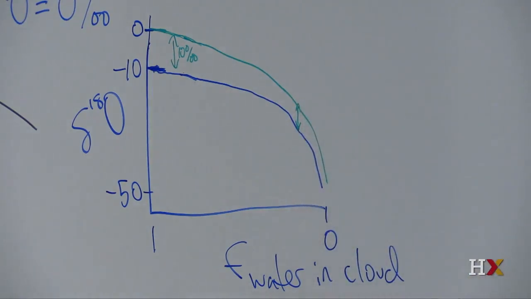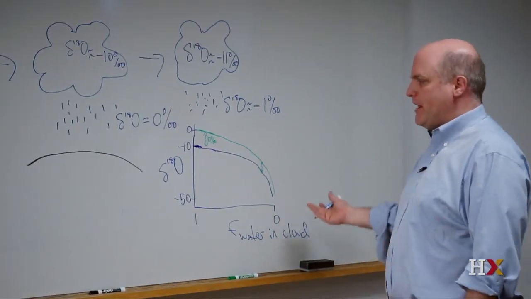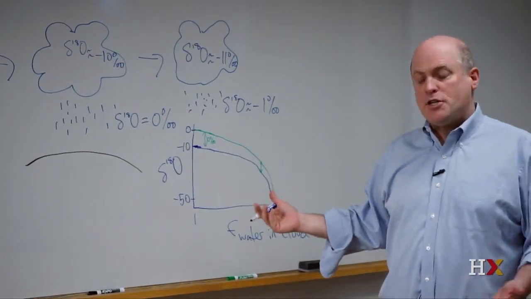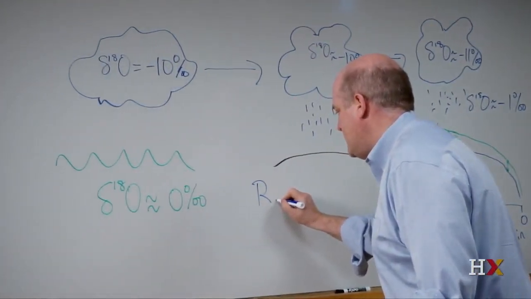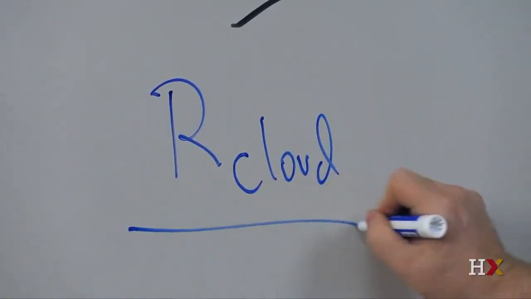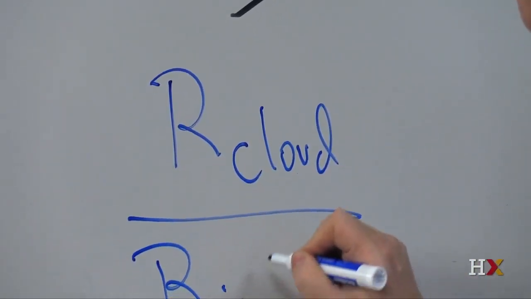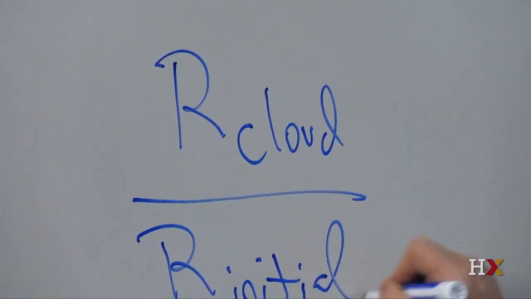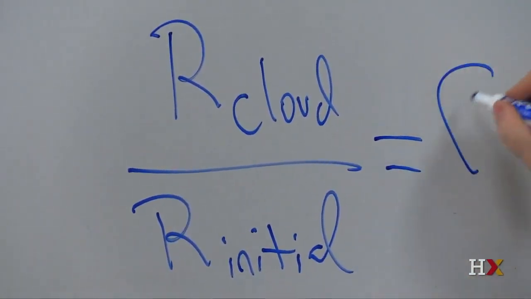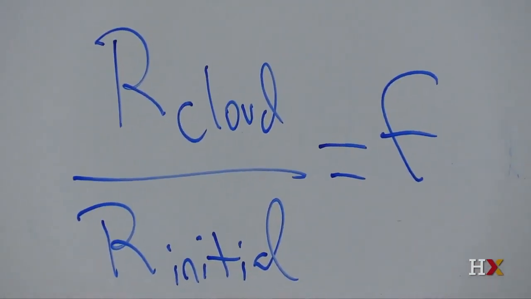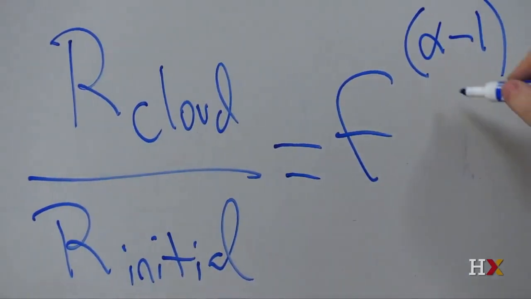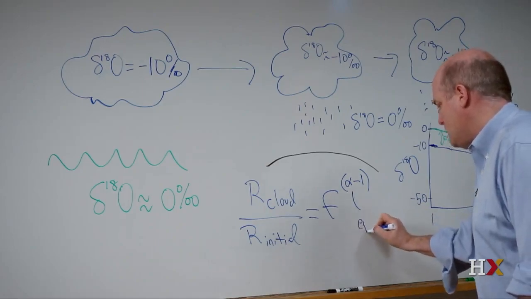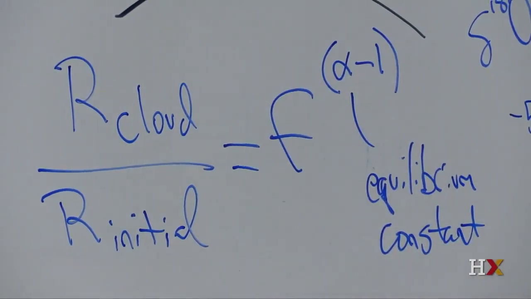We can describe this change in the isotopic composition of the cloud with time using a very simple equation for Rayleigh distillation: the ratio of oxygen 18 to 16 in the cloud divided by the initial ratio of what that cloud was when it started is just equal to that fraction remaining, that F, or how much water is remaining in the cloud, raised to the alpha minus 1, where alpha is that equilibrium constant for that isotope exchange reaction.